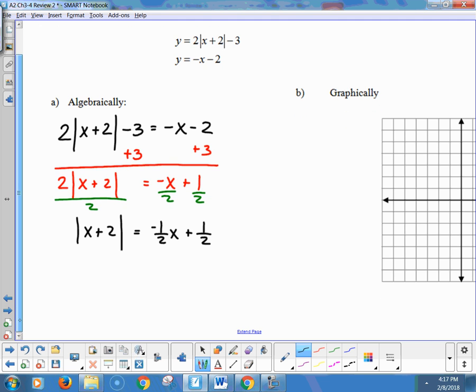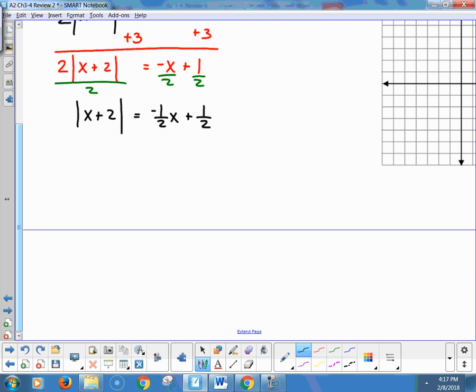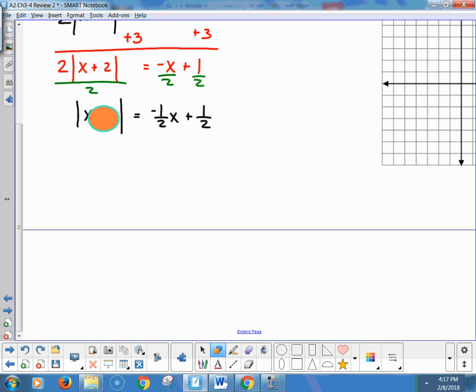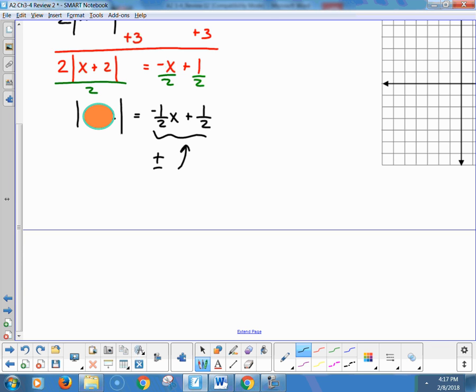And from here, believe it or not, you can solve this like a regular absolute value problem. If I have the absolute value of something equals this stuff, then what's under my circle must either be the positive or the negative of this stuff.